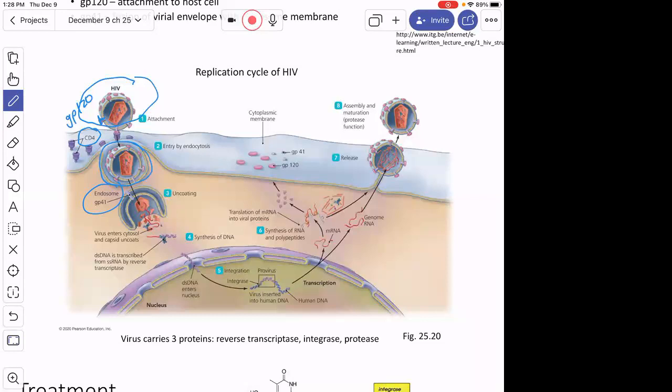And then the reverse transcriptase makes that single-stranded RNA into DNA. And the DNA enters the nucleus, where with the help of that protein integrase, it integrates into our host chromosome.